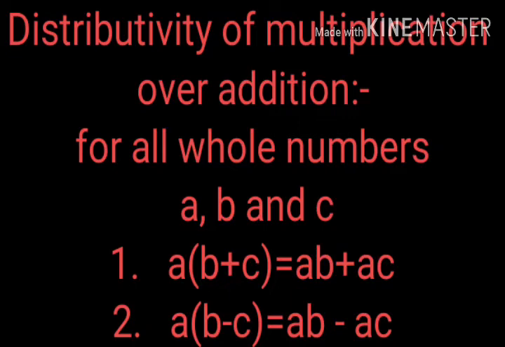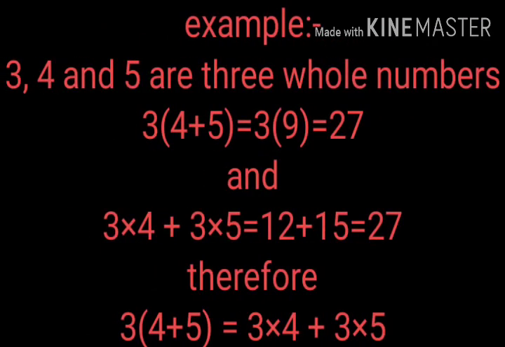Distributive property of multiplication over addition. For all whole numbers a, b and c, a into (b plus c) equals ab plus ac. The second one, a into (b minus c) equals ab minus ac, with respect to addition and with respect to subtraction. Example: 3, 4, 5 are three whole numbers. 3 into (4 plus 5) equals 3 into 9, that equals 27.